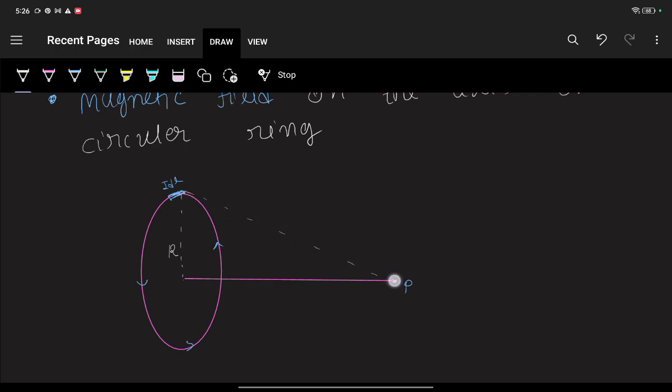So there is this magnetic field, let's say B. If this angle is theta, we can also take this angle as theta, right? So it will be B cos theta in this direction and B sin theta in this direction. Similarly, if we take a current element here, we will get magnetic field in this direction, with B cos theta and B sin theta components. These sine components will get cancelled out.